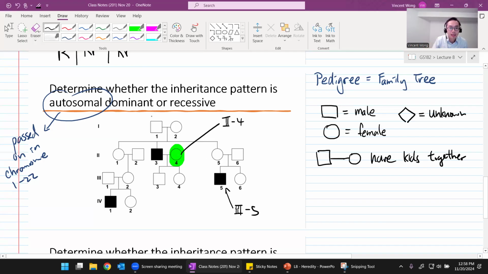Okay. These are, I guess, great grandparents. I want to ask you, how many kids did they have? How many kids do 1-1 and 1-2 produce?